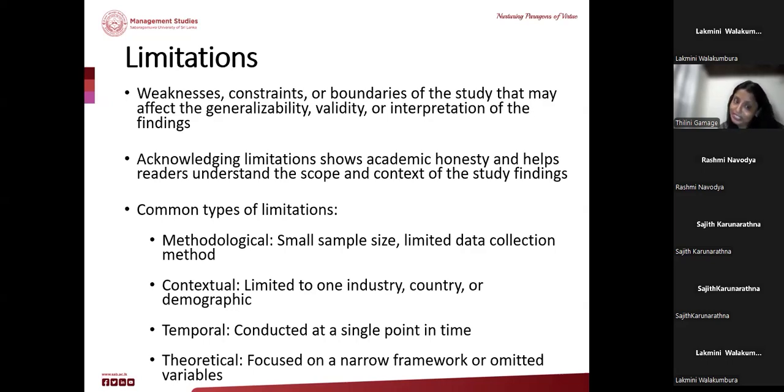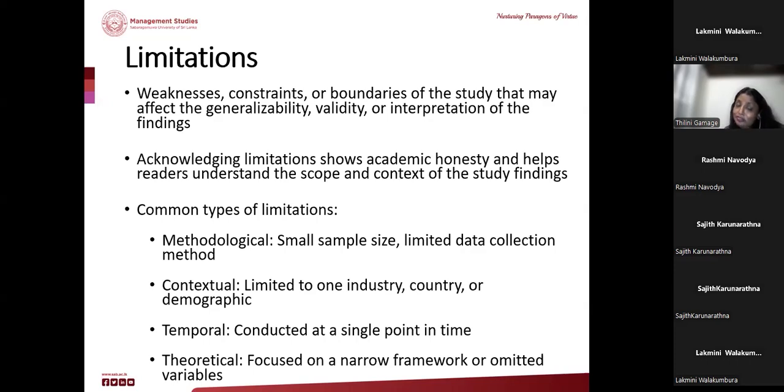Sometimes, due to our time constraints, budgetary constraints, and other resource constraints, we limit our research into a specific country or an industry or a demographic cohort, maybe like only Gen Z or a specific geographical scope. These are contextual limitations, because without which we will not be able to manage the research within the given budget or within the given resources.